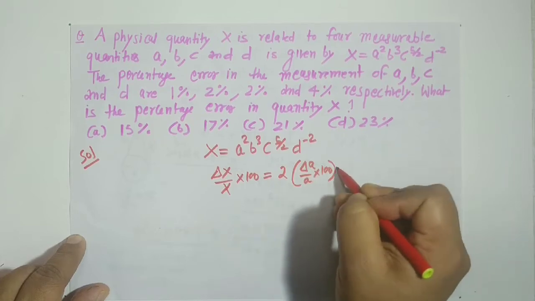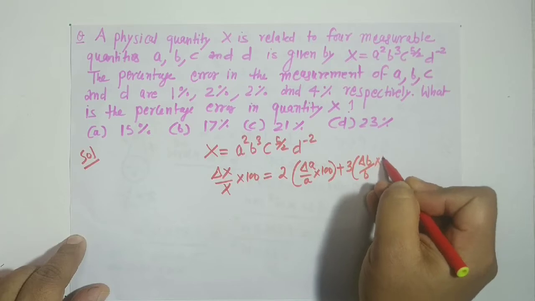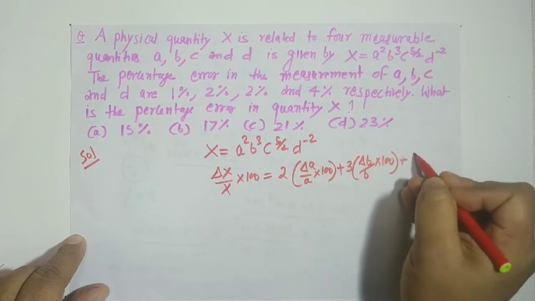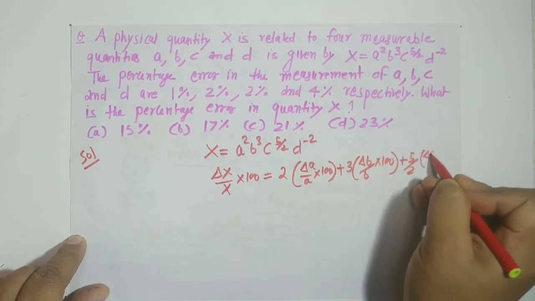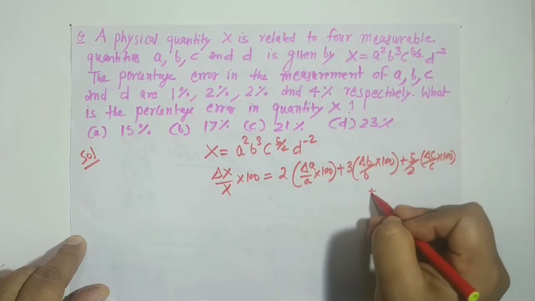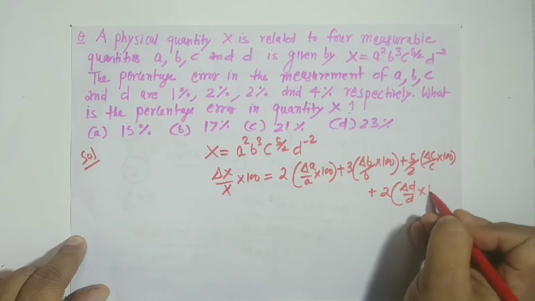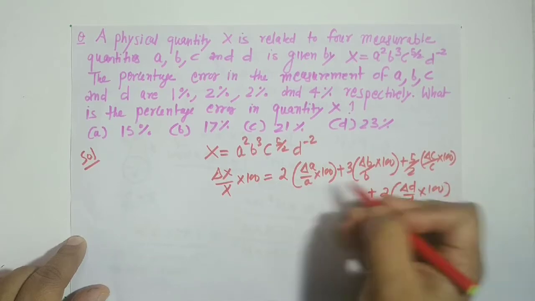You remember the exponent. Then 3 delta B by B into 100. Then 5 by 2 delta C by C into 100. And then it is minus 2, but error always adds, so 2 delta D by D into 100. Remember, you will not take the minus, because error always adds up.